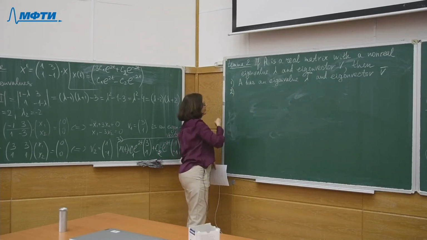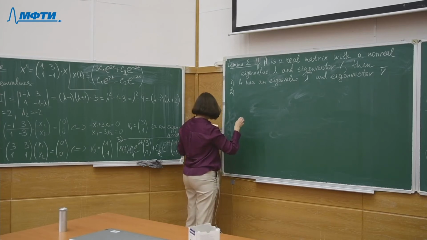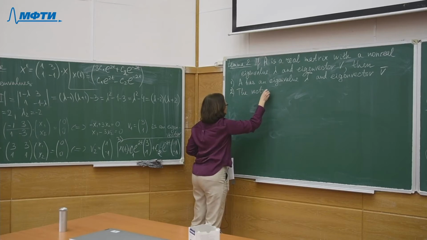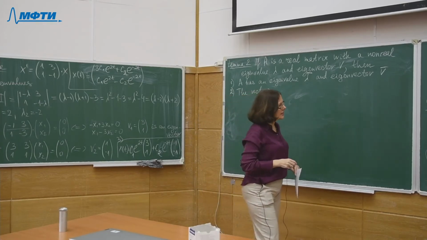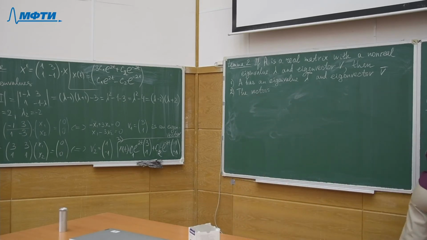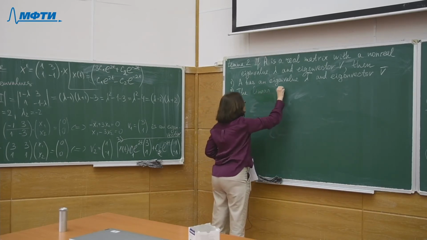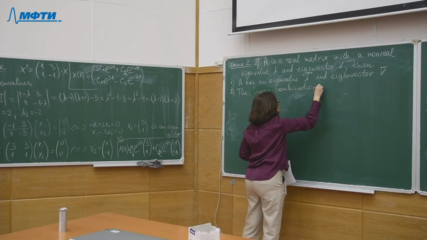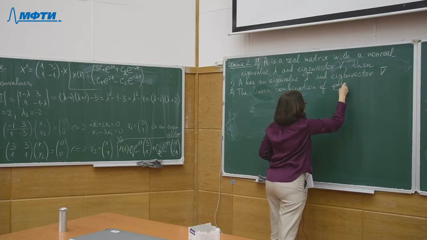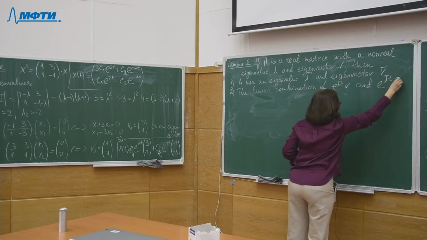Right, and part number 2: we can replace the linear combination of the vectors e to the power lambda t v and e to the power lambda bar t v bar, its complex conjugate.